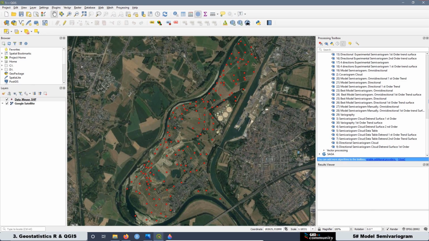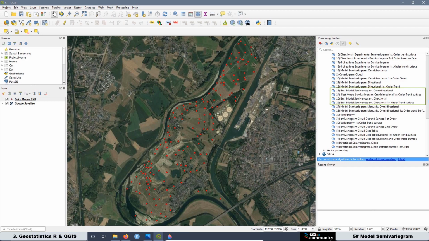As a summary, we can say that in this lesson we created 3 different types of scripts. The first one was related to the fit of the theoretical semivariogram model on the data automatically. But for this script we have to provide what model we want, the spherical, the exponential, or the Gaussian, and also the approximated value of the partial sill, the nugget, and the range.